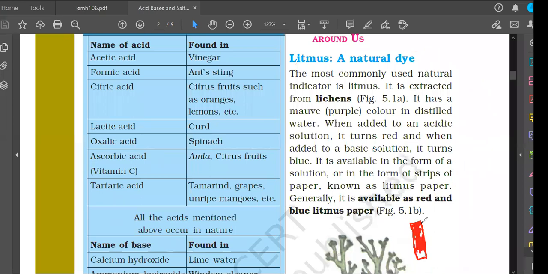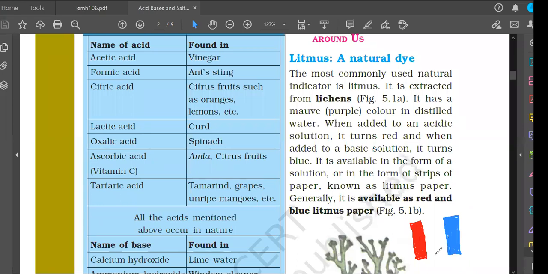Then we will have another paper strip like this, your blue colored paper strip. This color is due to which dye? It's not a normal color, it is due to litmus dye.